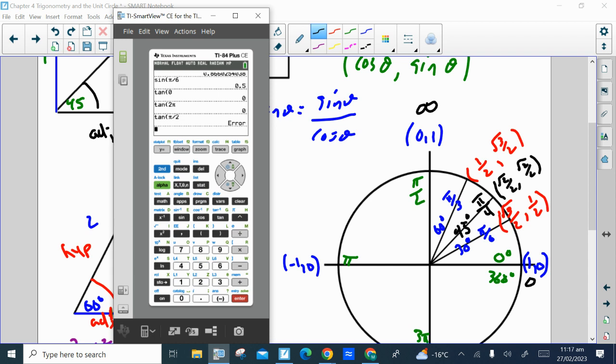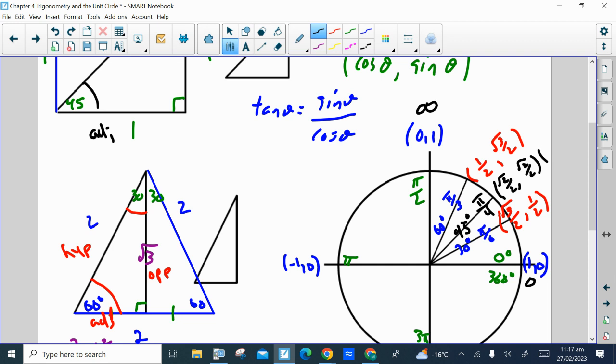All right. So what about the other angles? Well, looking at what we have at 45 degrees or pi on 4 radians, the sine and cosine are the same value. What's the tangent of 45 degrees or pi on 4 radians going to be? When you divide something by itself, what do you get? You get 1.